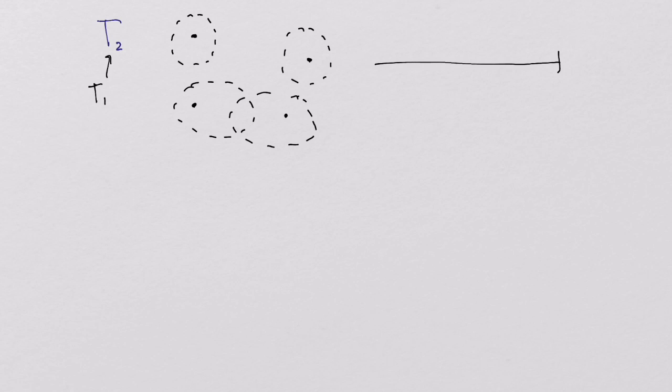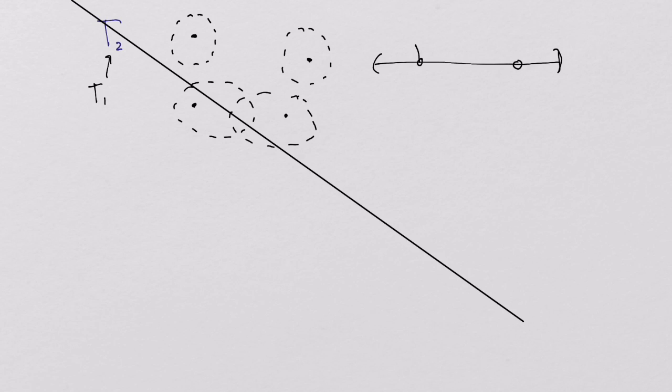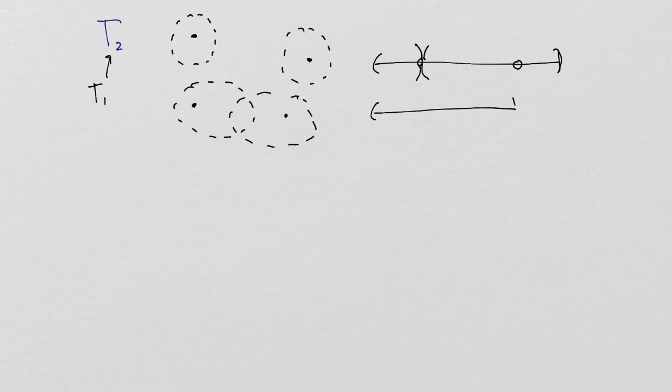But the co-finite topology is exactly that space, because if I'm trying to separate these 2 points, the set that does it, I omit the first one and I get that, and I omit the second one and I get that.